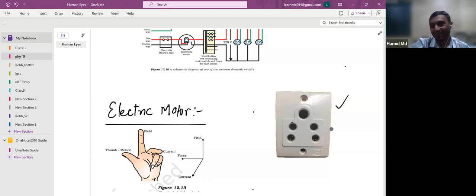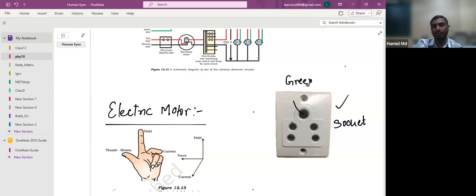We all look for it. So how many terminals do we have in this socket? This is called a socket. Three, right? So basically, this is one, that is the green part.